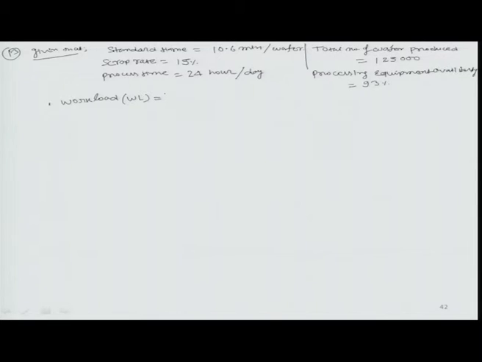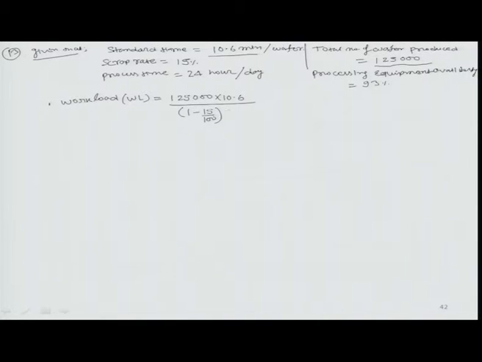And how will we calculate the workload? So first we'll have to see how many wafers we have to produce. That is 1,25,000. And how much time was given for each, that is the standard time, that is 10.6, divided by the scrap rate, which was 15%, so we'll have to take this into account.